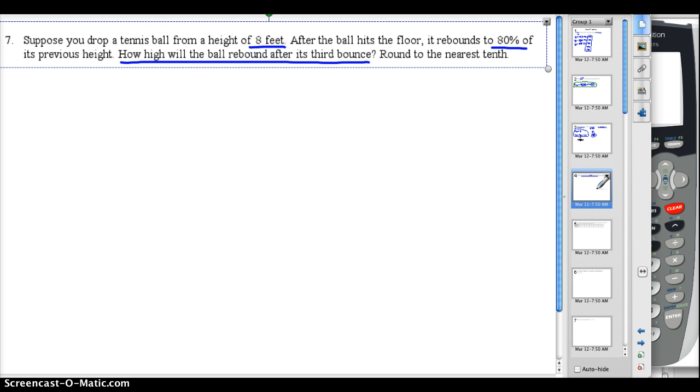Well, if we look at what's going on in our pattern, the ball starts at 8 feet, and then it travels down and bounces back up. So our first bounce here, we're going to call this our first bounce. It's not really going to be 8, our starting. And again, we would bounce a little bit less each time.